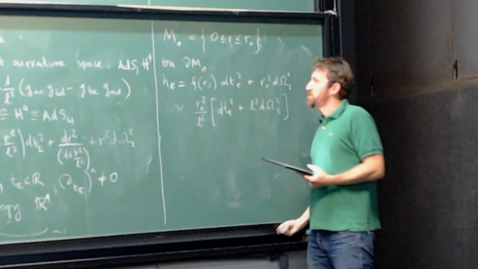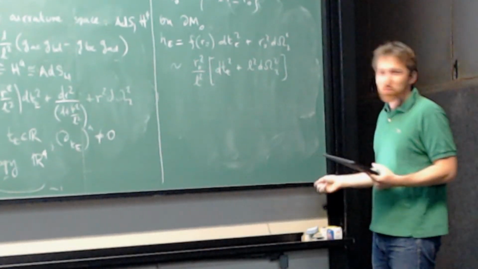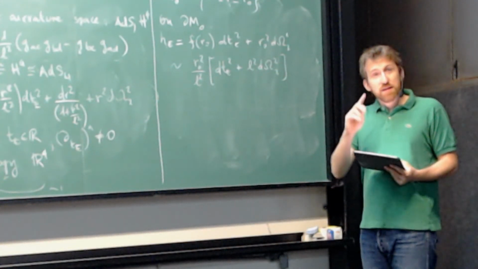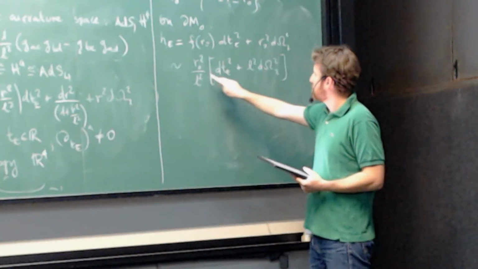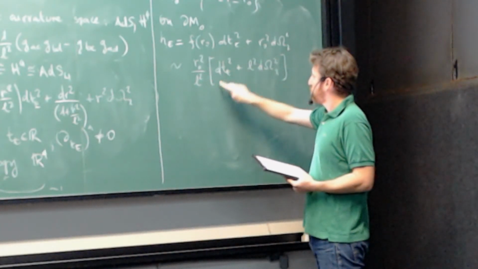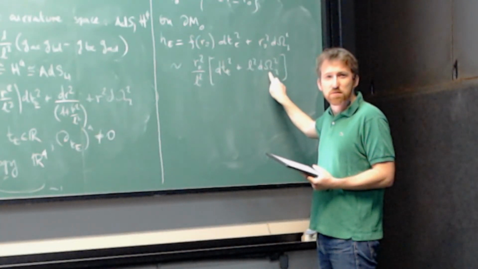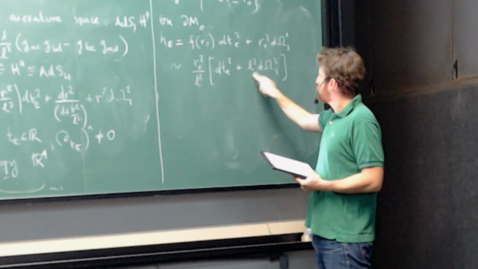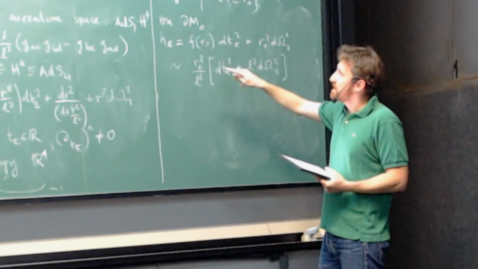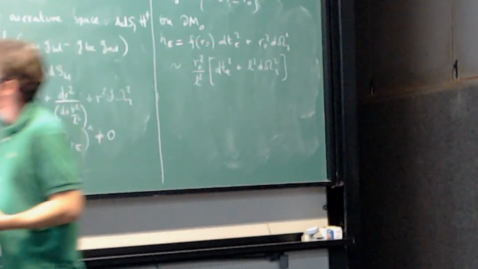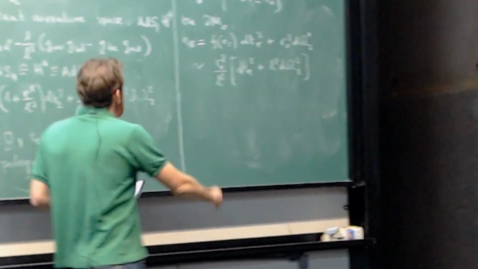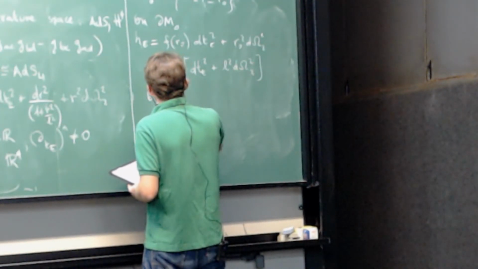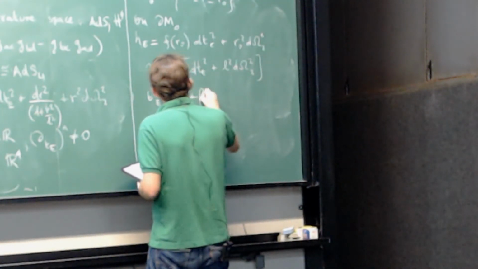Okay, so can I do the path integral on this space? Yes, provided I identify TE, because notice that this space has topology R times S2, with an S2 of radius L squared, whereas I was starting with the requirement that the boundary needed to have topology S1. So I need to identify TE with TE plus beta.